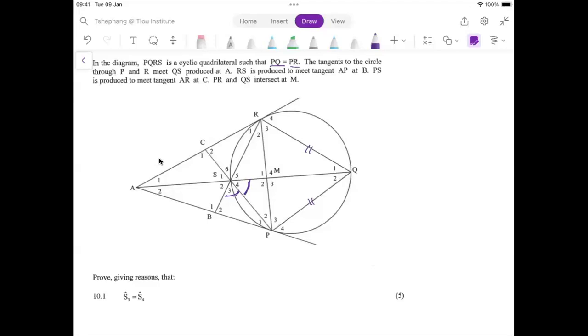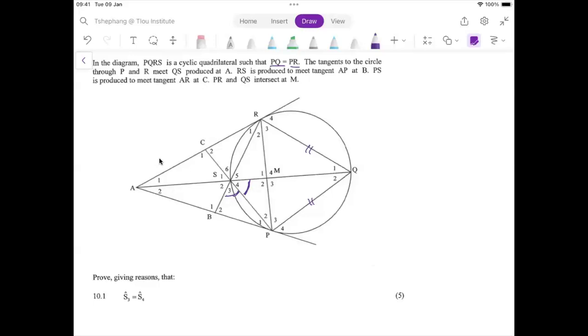Let's say, because we have an isosceles triangle, PQ is equal to PR.